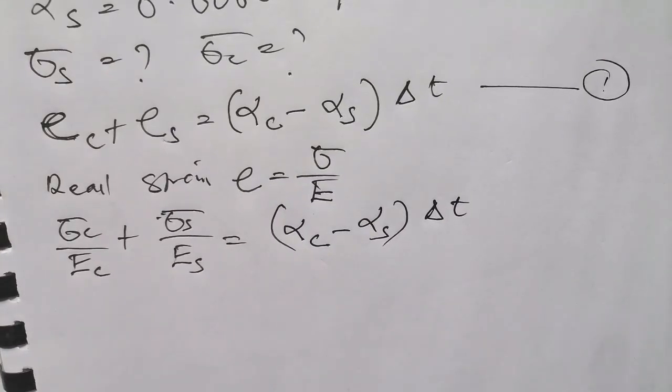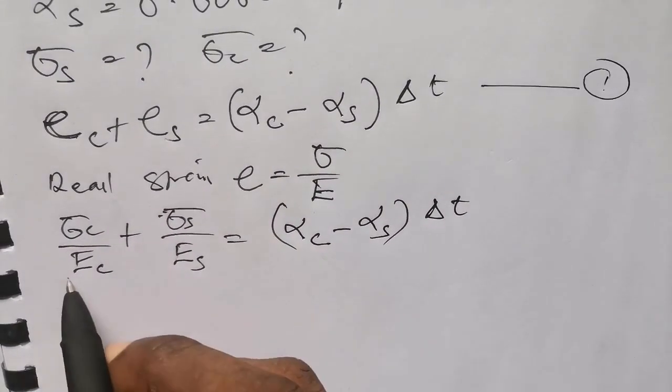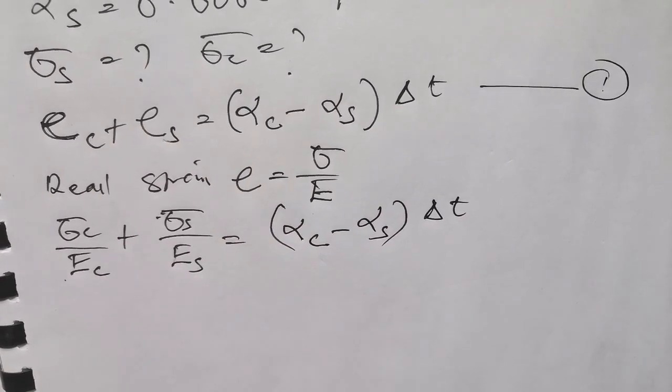So let's put in the parameters now. These are what we are looking for: stress of copper and stress of steel are unknown, but we know their Young's modulus. Let's put in their values.